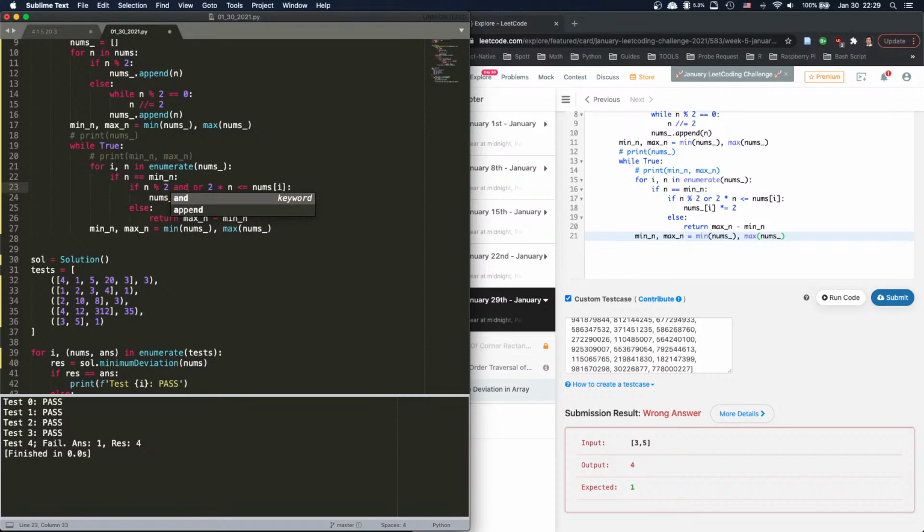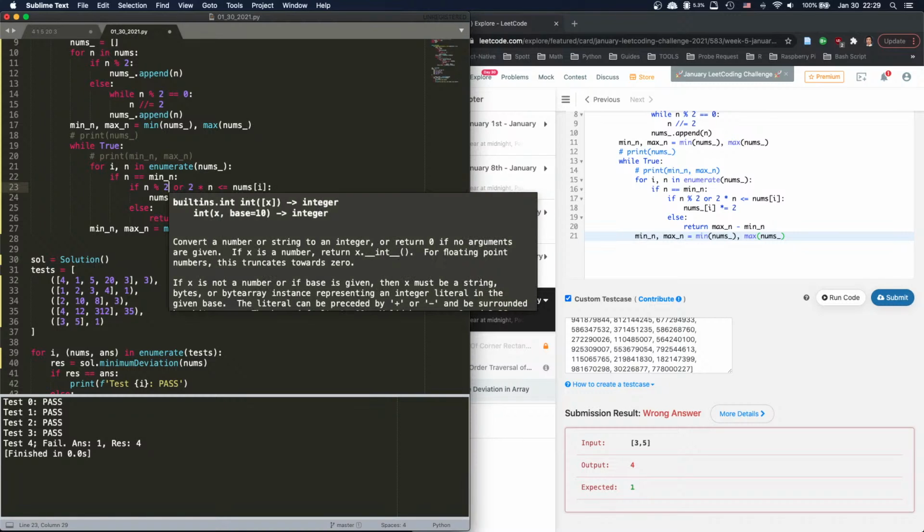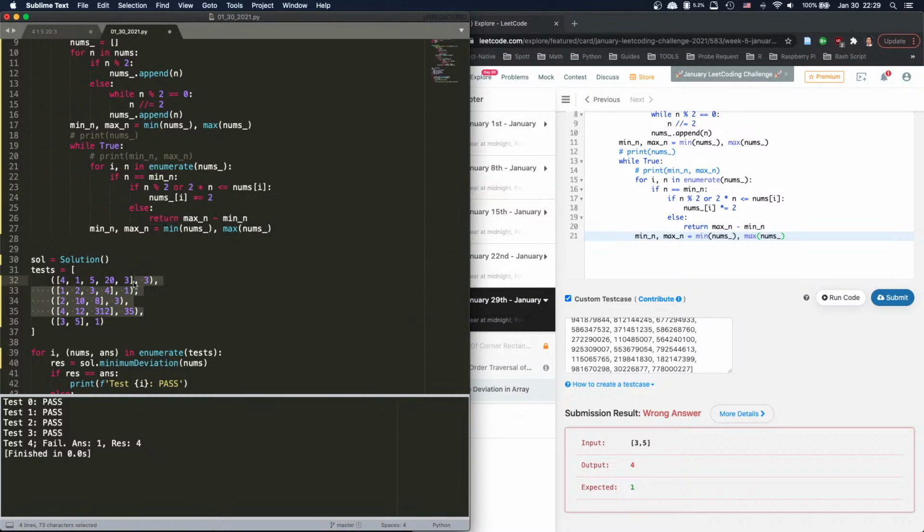Wait, I can always multiply by 2. Why do I have a result as 4? If it's an even number, I can always multiply by 2. Because if it's odd, I can always multiply by 2. Because if it's an odd number, I can always choose to multiply by 2. On an even number, I can only reduce. Oh, what went wrong?